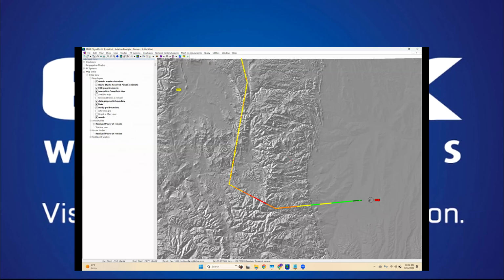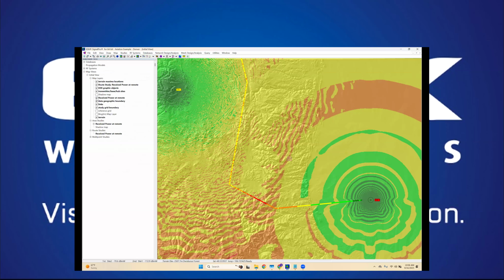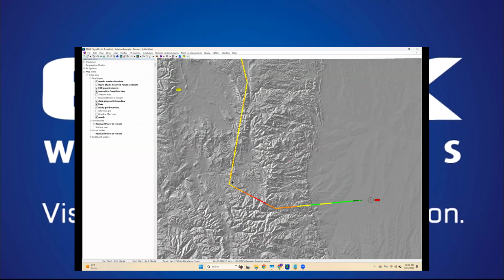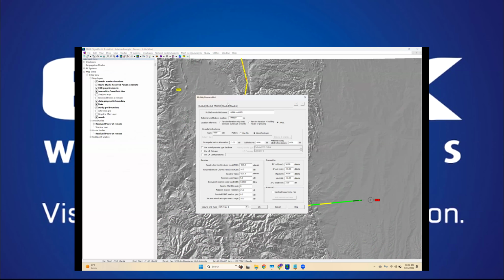But in the example that I've got here, I have my terrestrial stations, my ground stations, modeled as the base stations. And for either my area studies, whether I'm going to do a heat map of coverage or a route-based study here, the mobile remote unit is what's representing my aircraft.